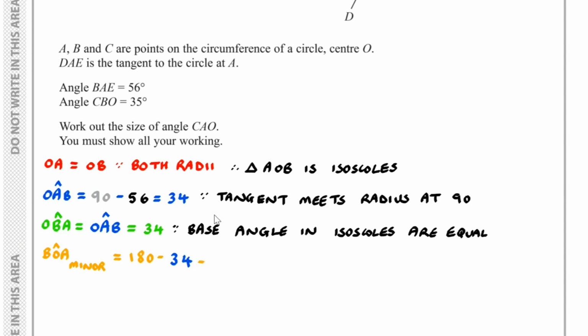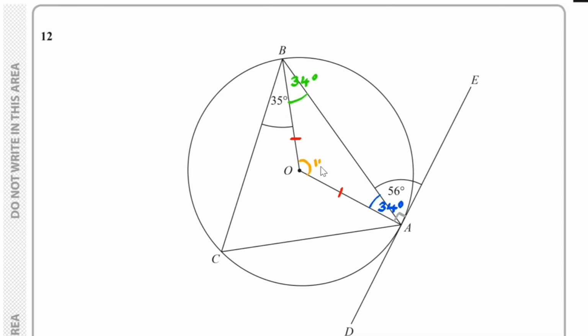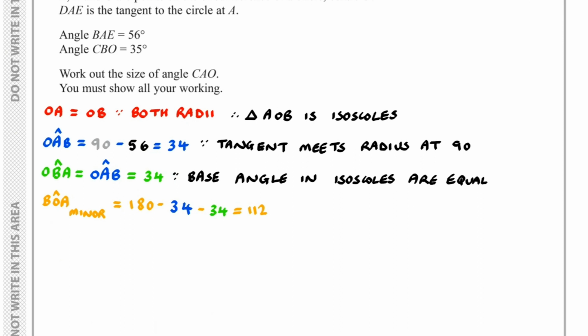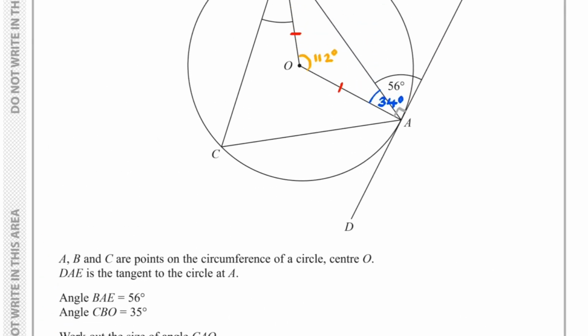subtract the other 34, and it turns out here we would get 112 degrees. So this angle is 112 degrees, and the reason for that is angles in a triangle sum to 180. Now we can find out what this angle here is.